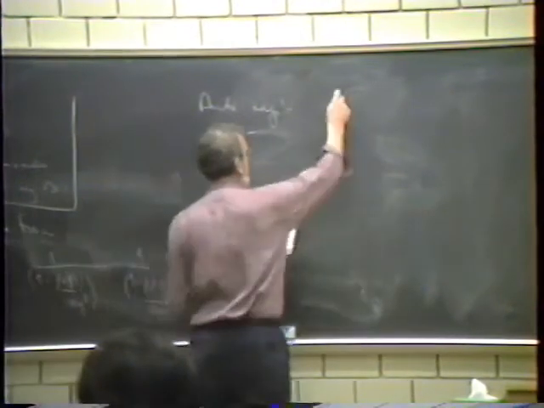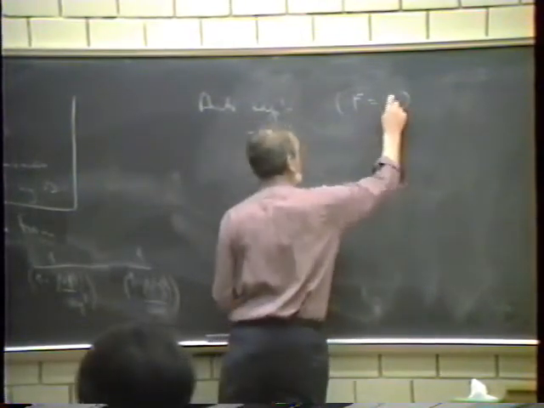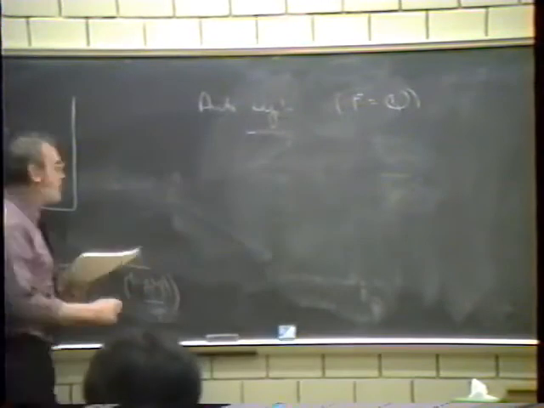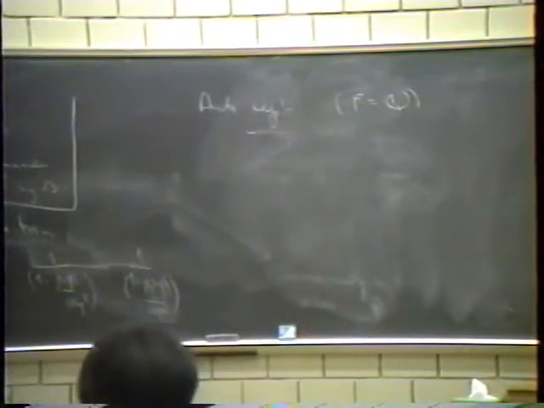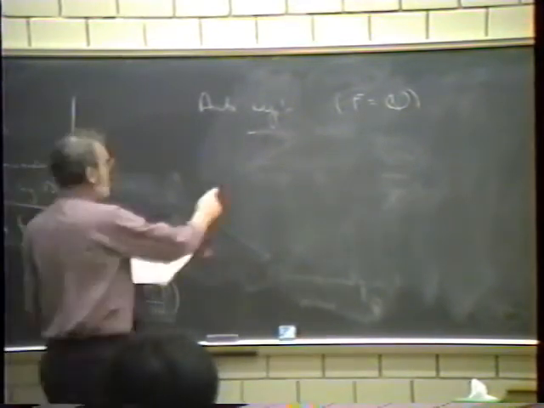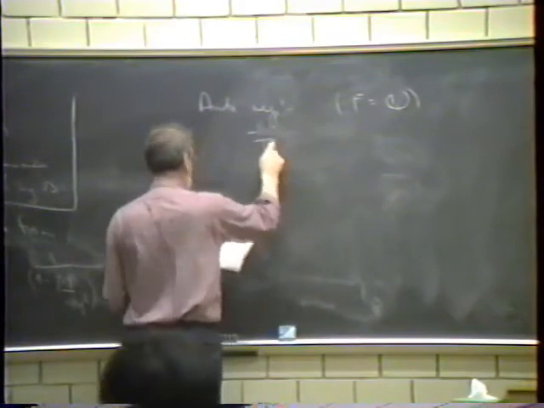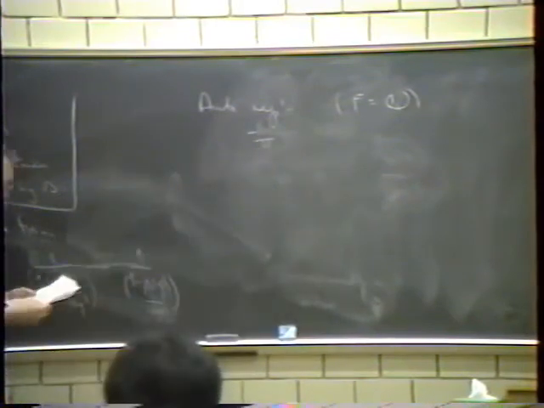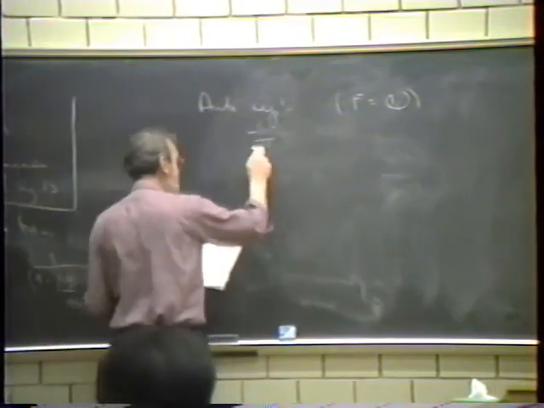And in order that you don't have to continually look at my rather ill-formed Gothic P's, let's take F to be Q. So this automorphic representation I'll call pi. Now, what is this?